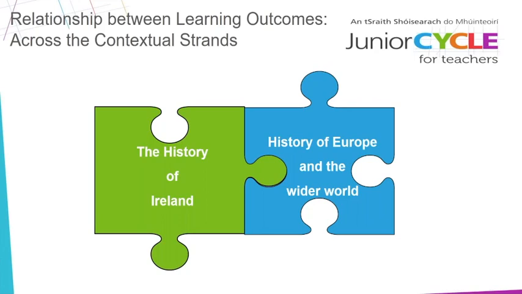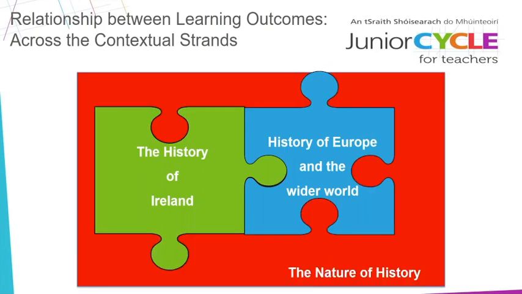The historical context, in terms of personalities, issues and events that are encompassed in Strand 3, Europe and the wider world, have their impact on those in Strand 2, Ireland, and vice versa. The red box in the background is to illustrate that whenever we are engaging with contextual history, we are also engaging with the nature of history. We're going to look at an example of this relationship across the contextual strands and the interconnected relationship between Ireland's history and that of Europe and the wider world.